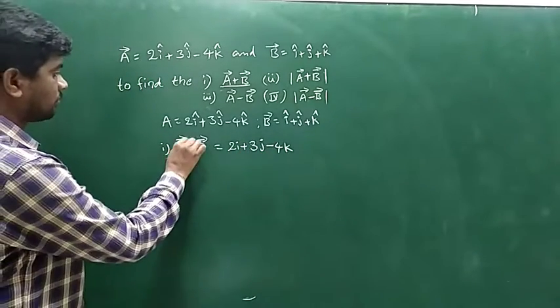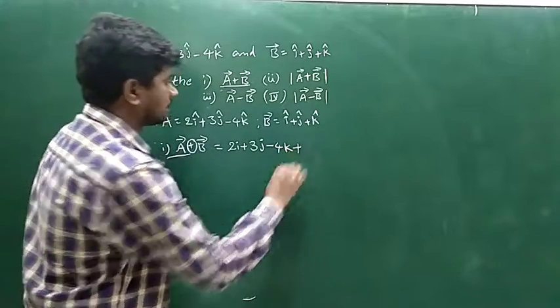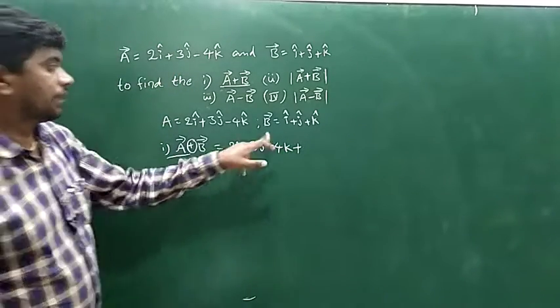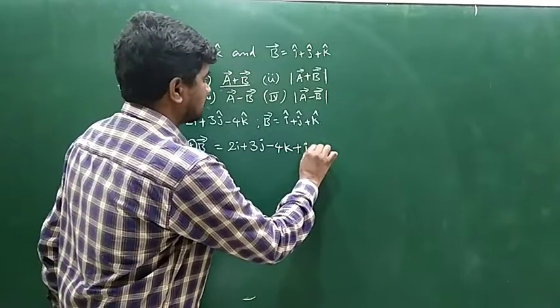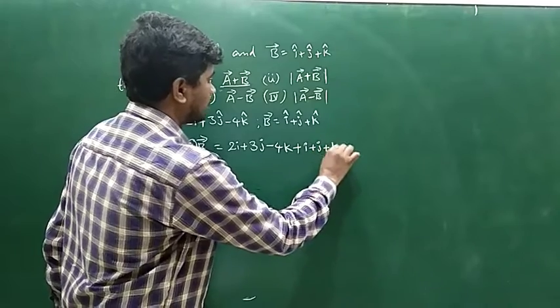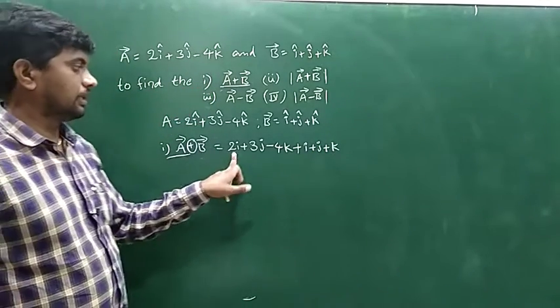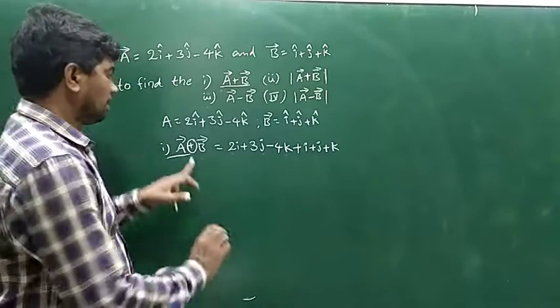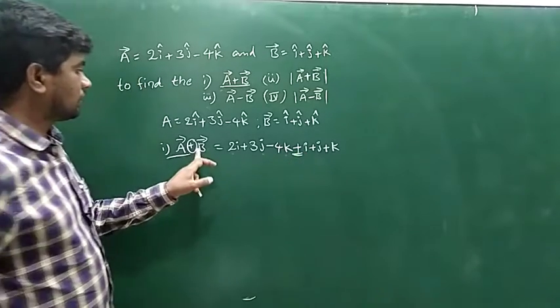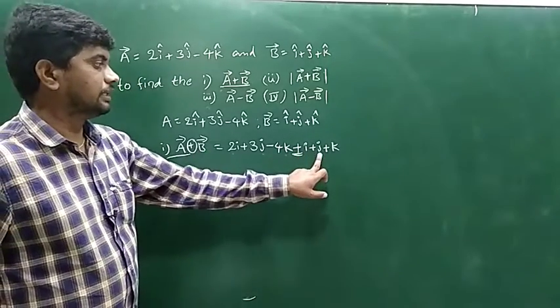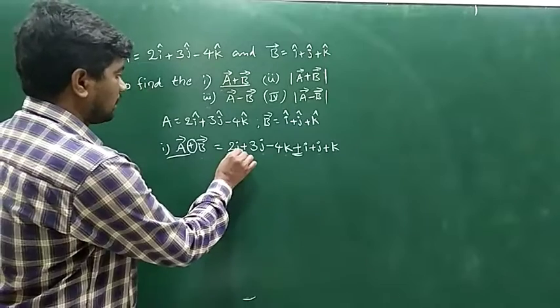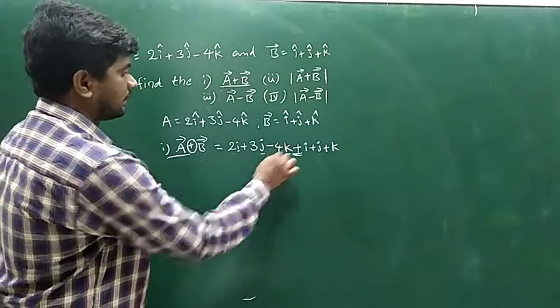Next, the symbol is plus. Next, b bar equal to i plus j plus k, the unit vectors i, j, k.